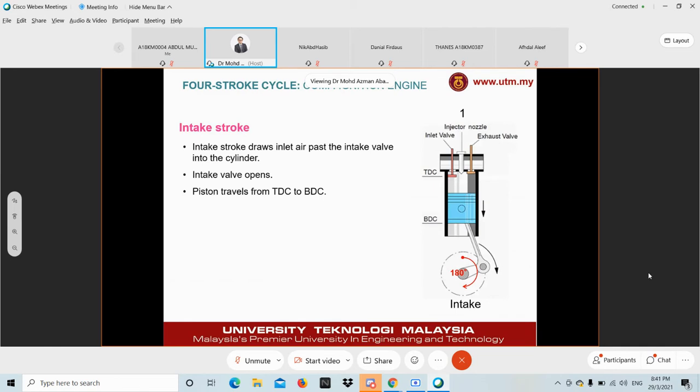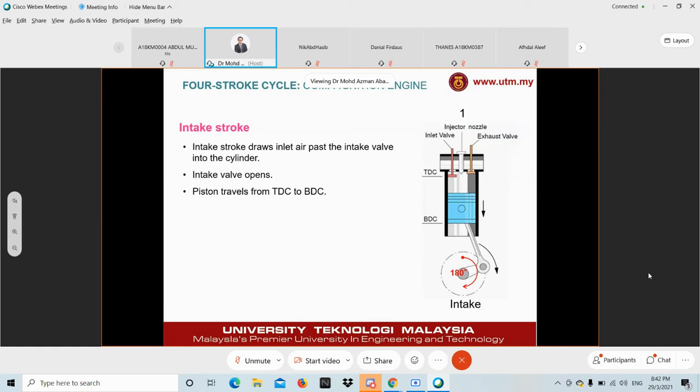Under the CI engine, under the intake stroke, it's the same thing. The intake valve opens, the piston moves from TDC to BDC. The volume expands, it draws air into the cylinder or combustion chamber. And in all CI engines, you have the fuel injector directly in the combustion chamber.